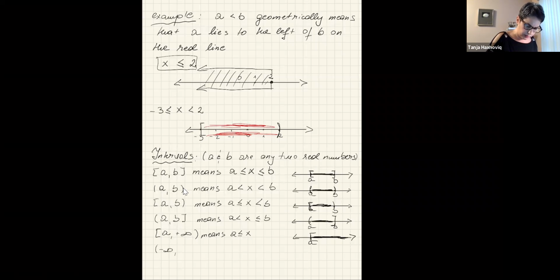The interval (minus infinity, A], with A included, means all numbers that are less than or equal to A. But A is included. So we're talking about all numbers, including A, that are to the left of A.